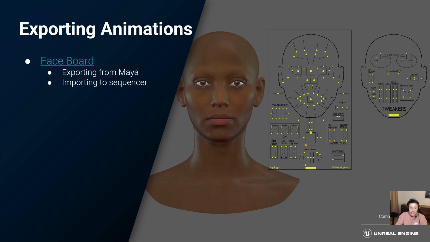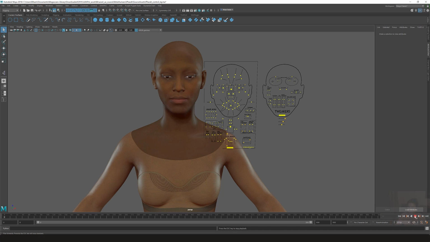The face board has a different workflow in the sense that we export the animation from the control board curves directly. This is different, for example, from the body, because on the body we export from the skeleton. This is possible on the face board because the face board in Maya is one-to-one with what we have in Unreal Engine. So the animation curves apply directly to the board.